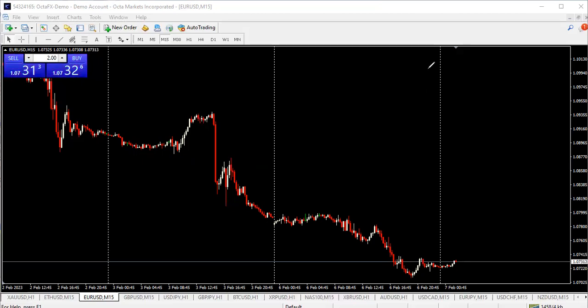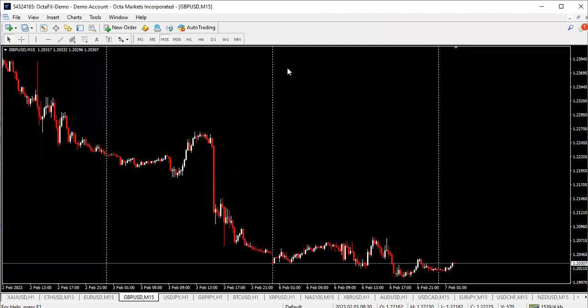Let's look at GBP USD. Yes, I took GBP USD also. The same thing played out on GBP USD. Asian range, you can see the Asian range. The market was ranging. This forms the initial high of the day, the initial low of the day. Then we have the stop loss phase.